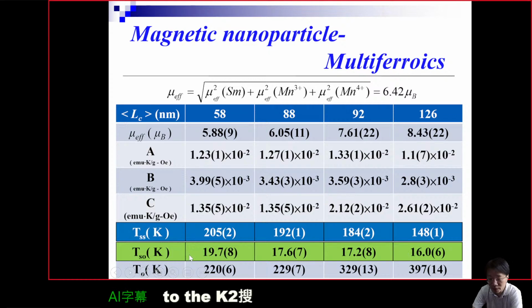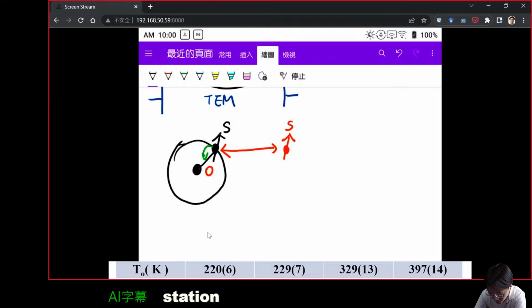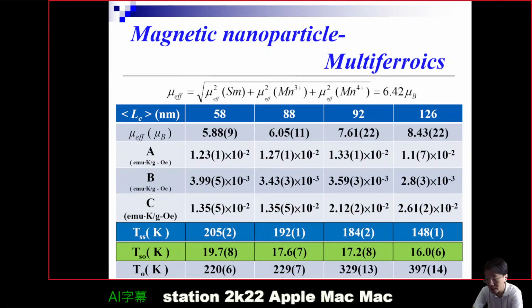So that means we can almost ignore spin-orbital interactions, and the most important is spin-to-spin interaction. That means we need to take care of the atom-to-atom magnetic ion interaction.